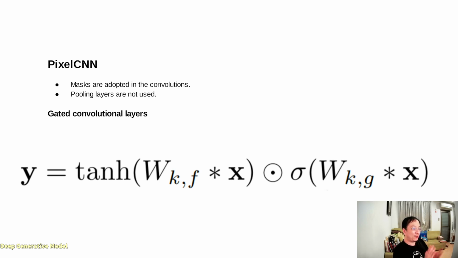Okay, so that's it for today. Although I didn't give a homework assignment for PixelCNN, once you have models that can do autoregression, you will have one.